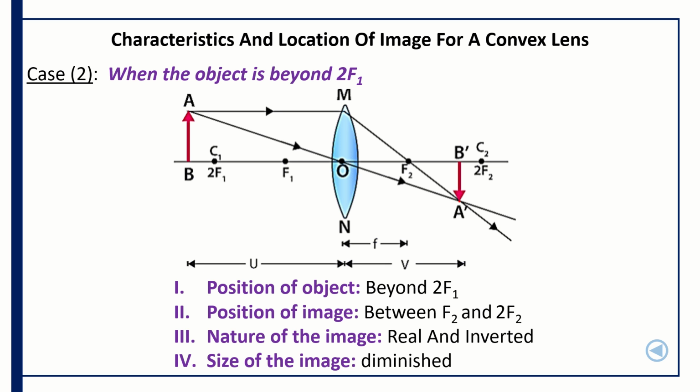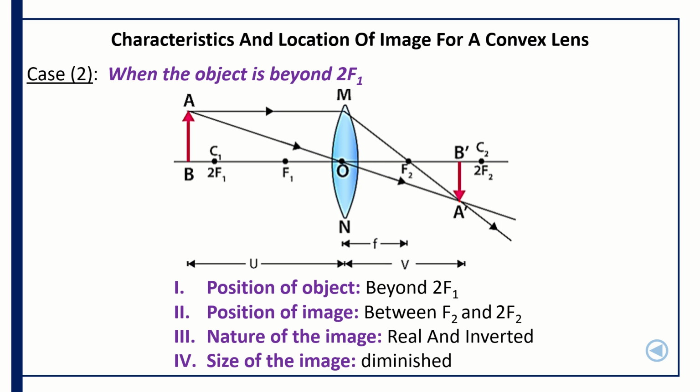Now what nature of the image are we getting here? We are getting a real image because the rays are intersecting there. So they are creating a real image. We already know the real image is inverted. So we are getting a real and inverted image of the object.